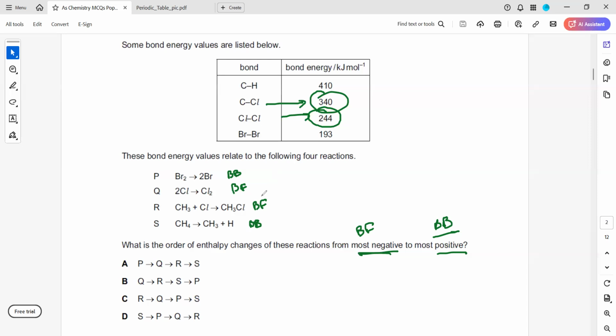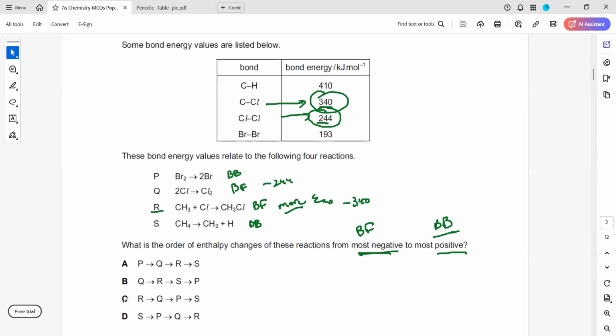So which will give out more? The carbon-chlorine one is more exothermic, more negative, so minus 340, and chlorine, minus 244. So the most negative will be R.